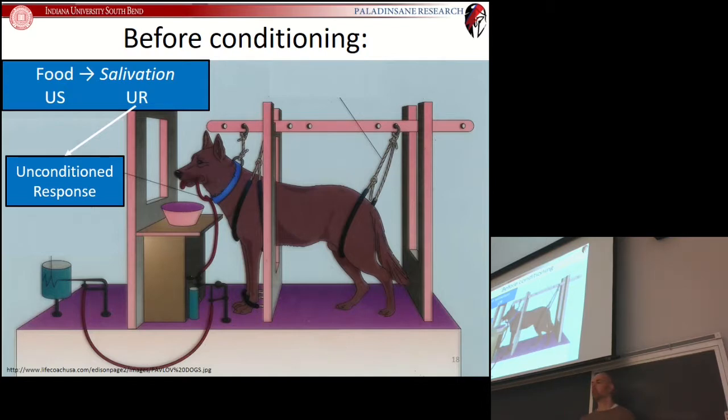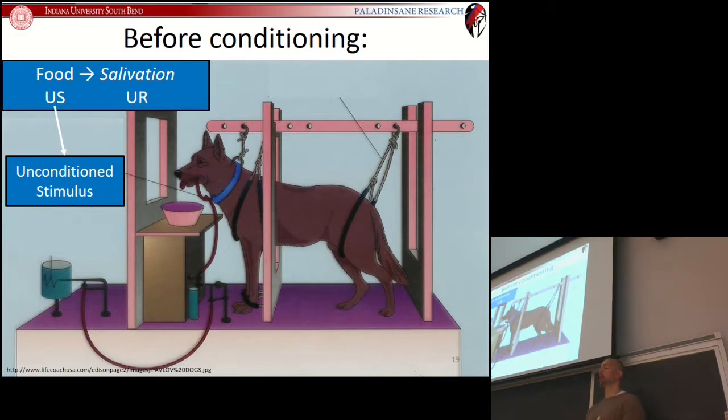So the unconditioned response is just that. It's a natural response. It's a response that hasn't been conditioned. First day in the lab, this dog is salivating to food. Nobody taught it to salivate to food. Unconditioned response. Similarly, because it caused the unconditioned response, that food is an unconditioned stimulus. So again, nobody had to train the dog to salivate to the food.